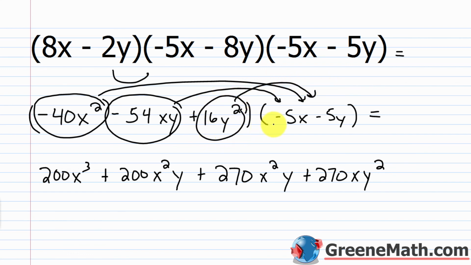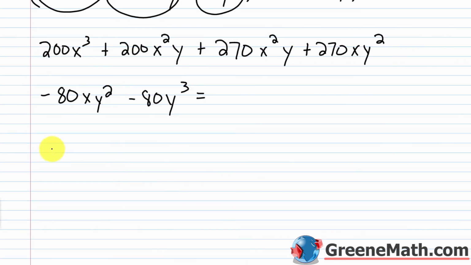So 16y squared times negative 5x. 16 times negative 5 is negative 80, so that's negative 80xy squared. And then 16y squared times negative 5y. That's negative 80y cubed.